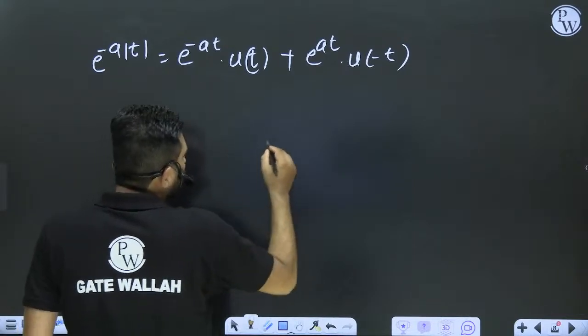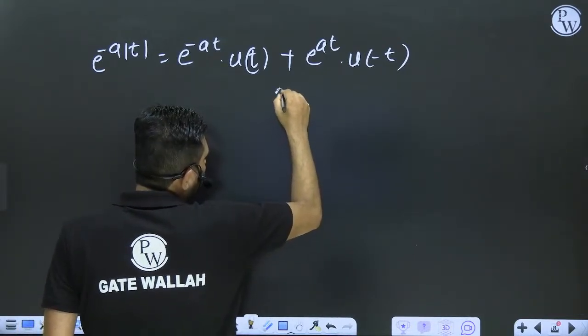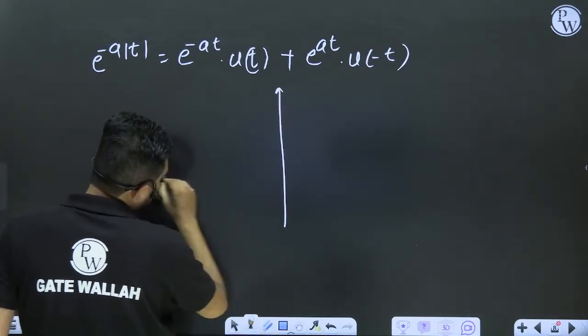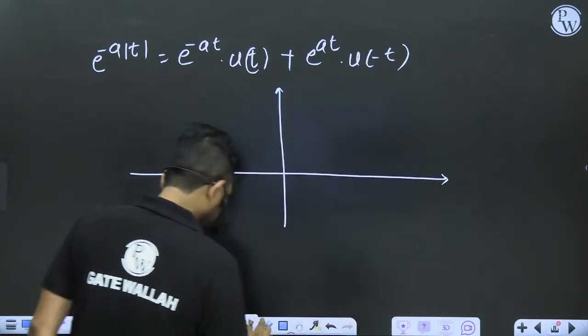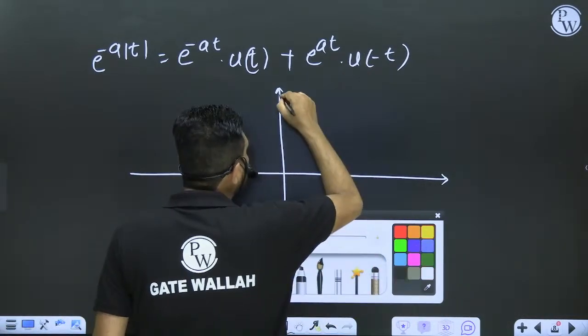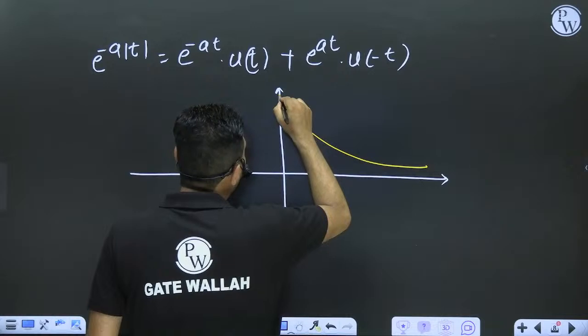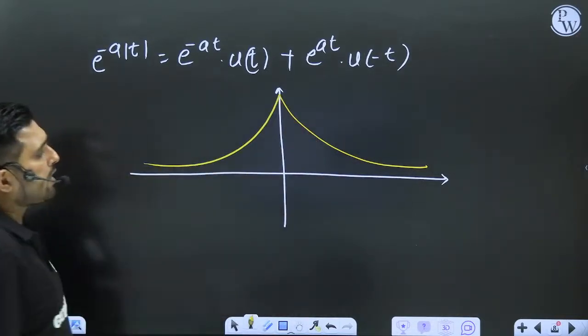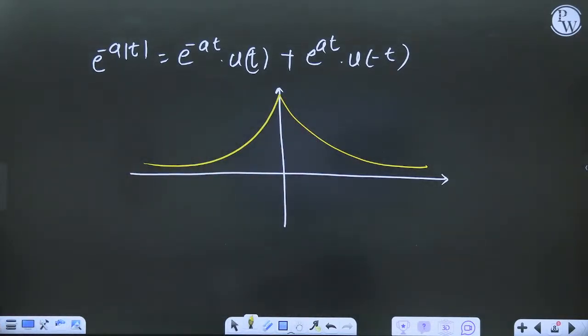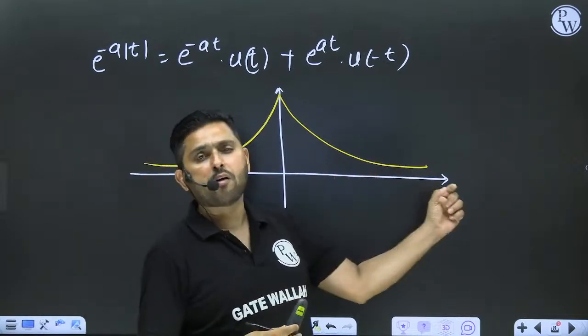And this is a function. I will plot this kind of function. Now the question is, who will decide the umbrella of this function?